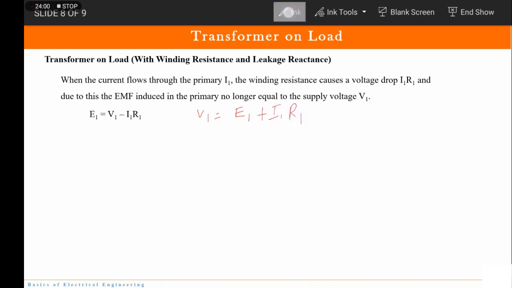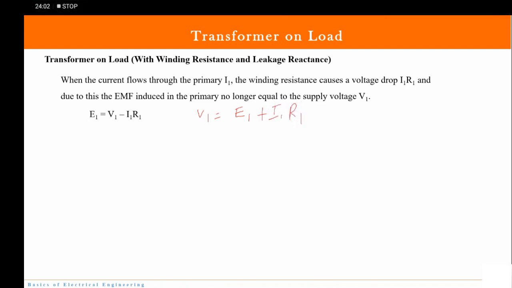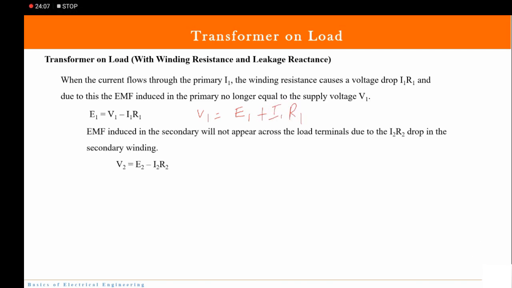This equation has been converted into E1, so it becomes V1 minus I1 R1. Similarly, in the secondary circuit, we will have E2 is equal to V2 plus I2 R2, right? So V2 becomes E2 minus I2 R2.